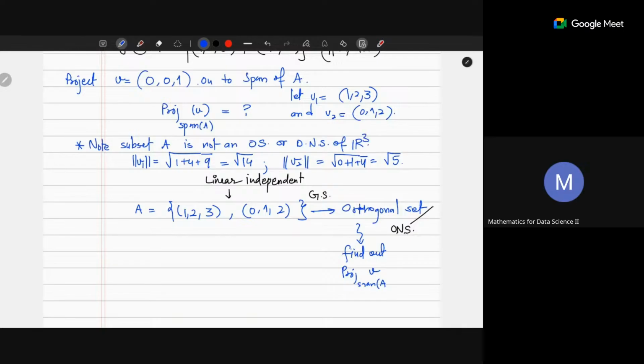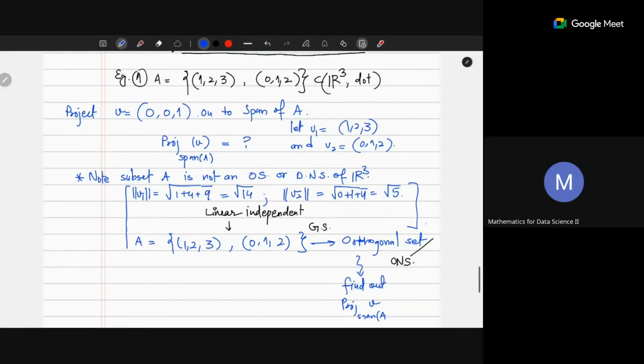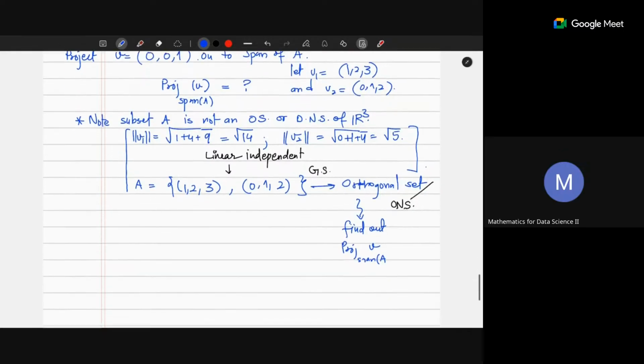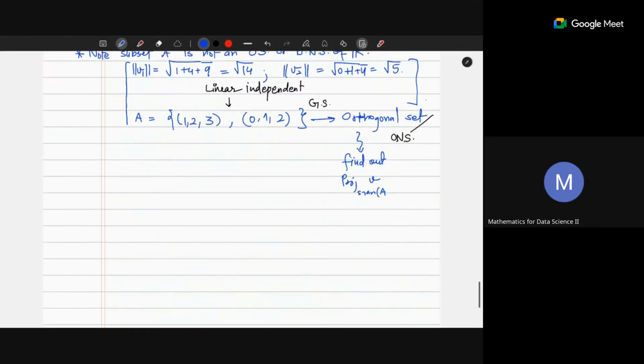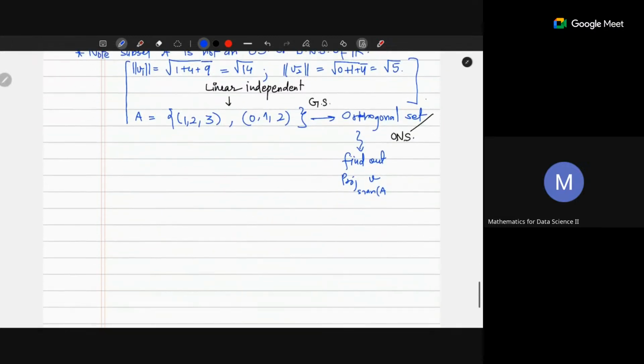All right, so this is what we have noticed. So now I want to convert this subset into an orthogonal set, but we have noticed that they are linearly independent. So how do we do that? We have V1, V2 in R3 with dot product.